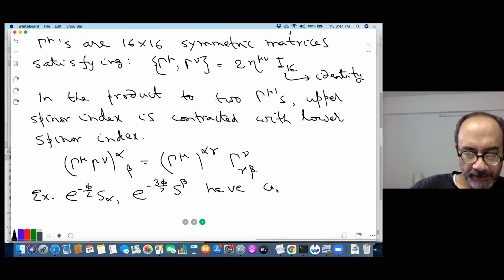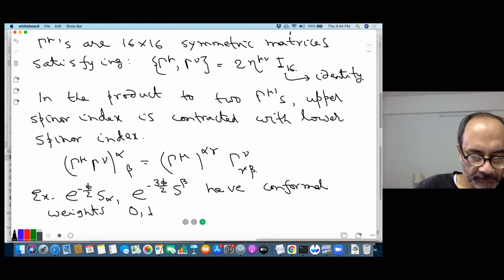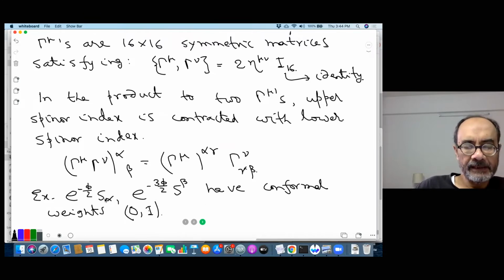These have conformal weights zero and one. Since we have given the energy momentum tensor in terms of psi mu, and we have the operator expansion of psi mu with S alpha, you can easily work this out and check what the conformal weights are.